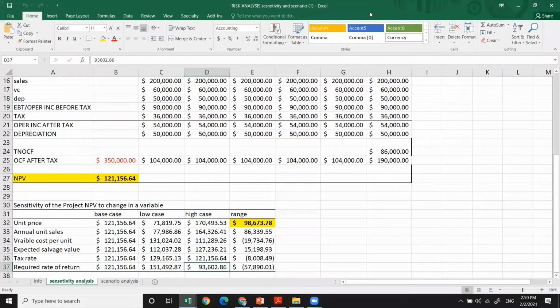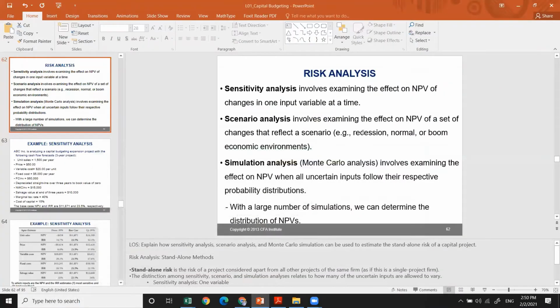Why do you think we need to know which variable the NPV is more sensitive to? Why is there a need for it? Is there any idea? In order to assess the risks associated with each cash flow or cost, whatever.